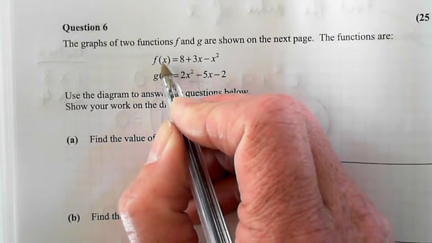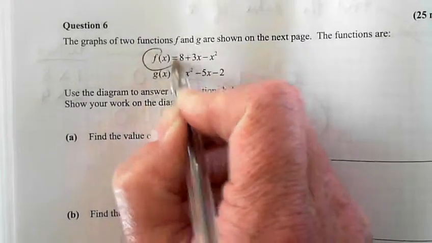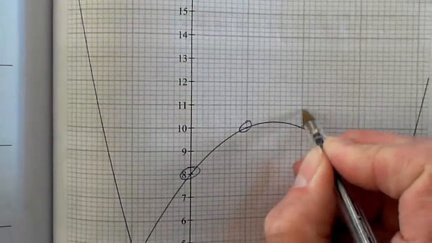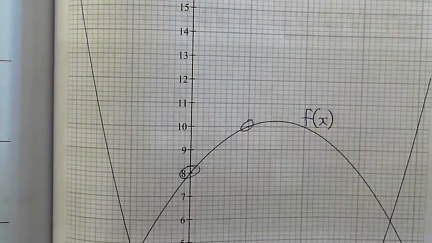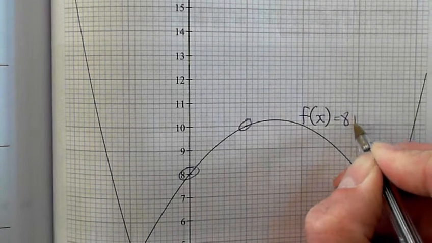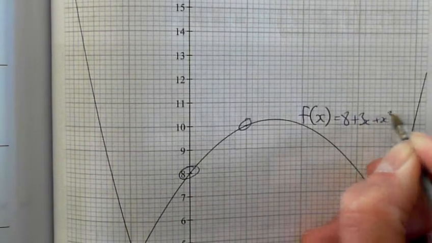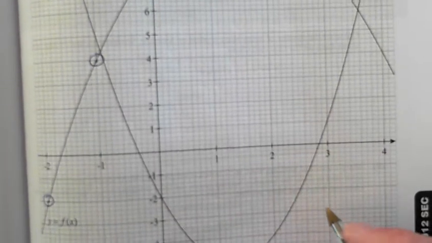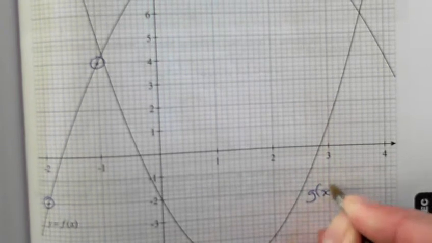The name of it is f of x. So that's the name of that graph: f of x is equal to 8 plus 3x minus x squared. And the other graph that curves down like that is the other one, g of x.